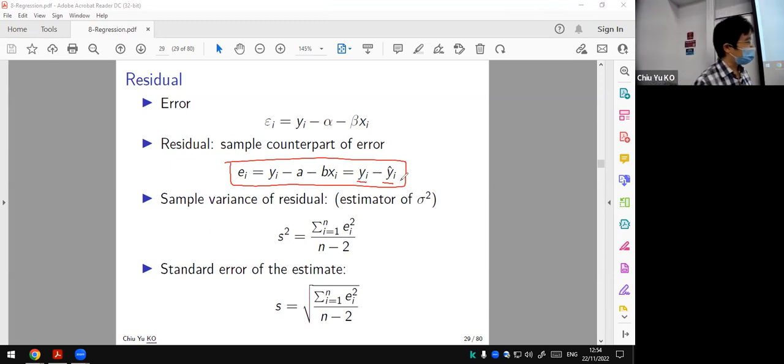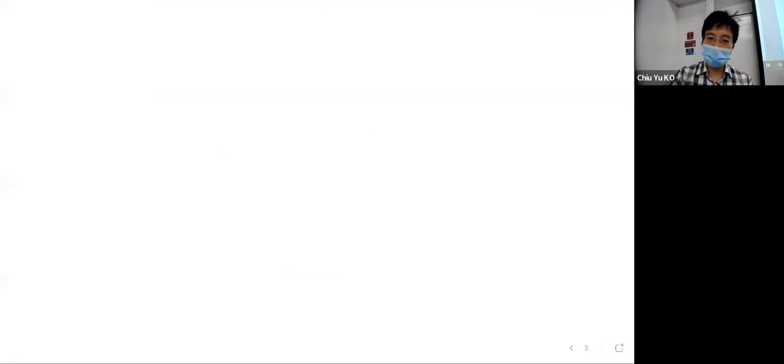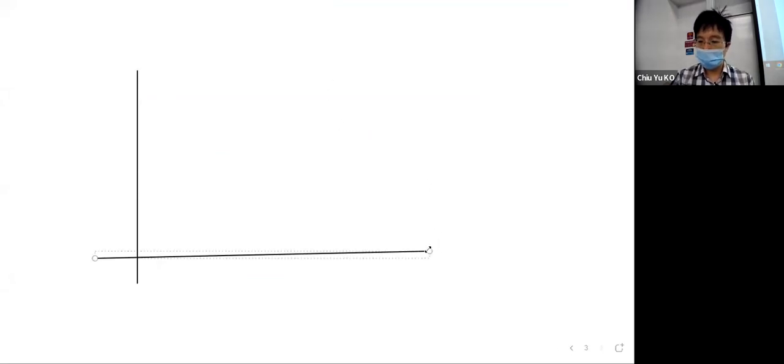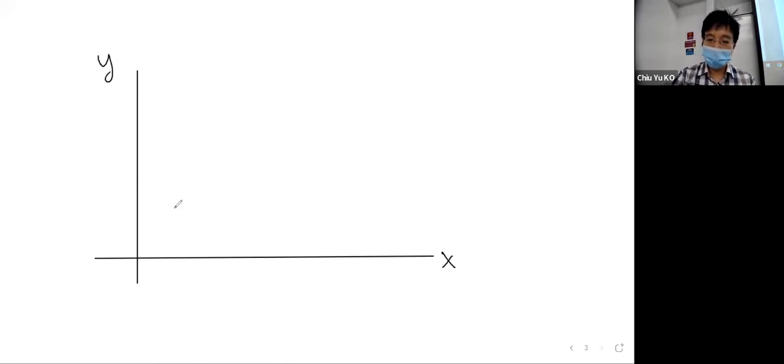The difference between your predicted output, which is y hat, and what the data tells you is the residual. So let me write it down here. This is the data you have. This is X, this is Y, and you have a bunch of data here.